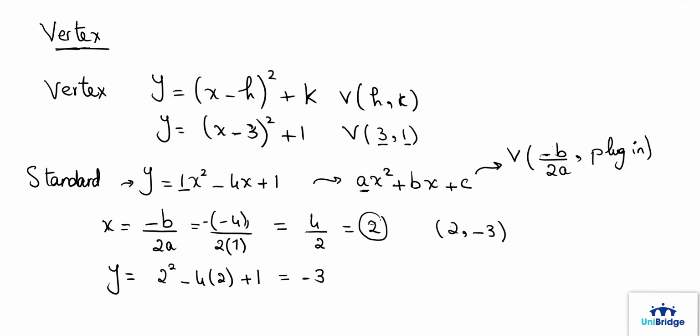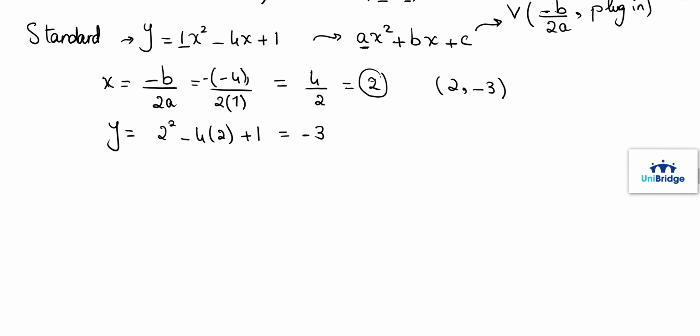Right? This is if it was in the standard form. We have a third form that we need to talk about. What if the equation is in the x-intercept form? In the x-intercept form, it's 2 brackets multiplied by each other. So if your equation is in this form, how do you find the vertex?